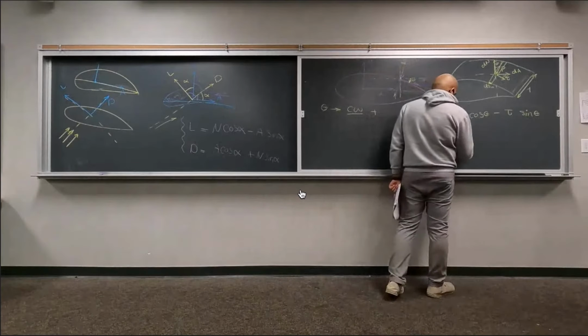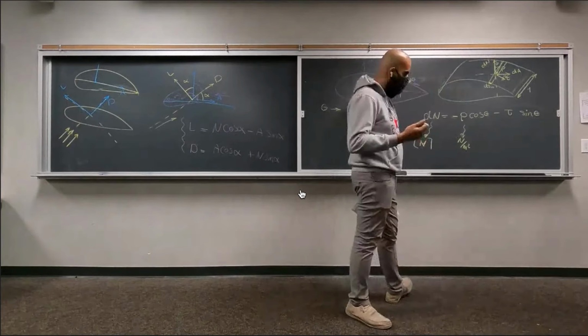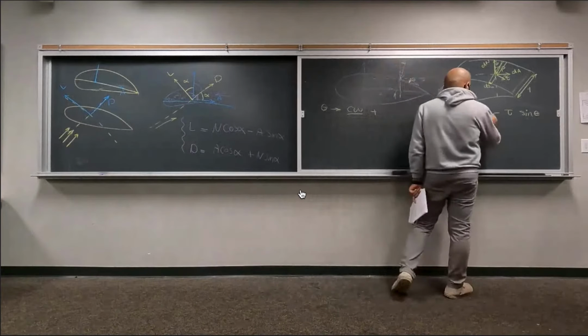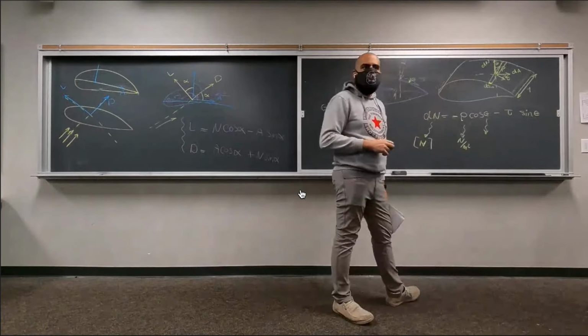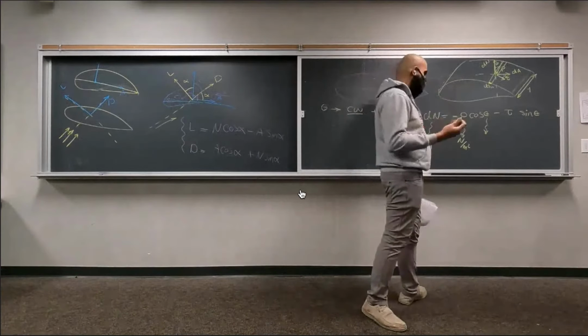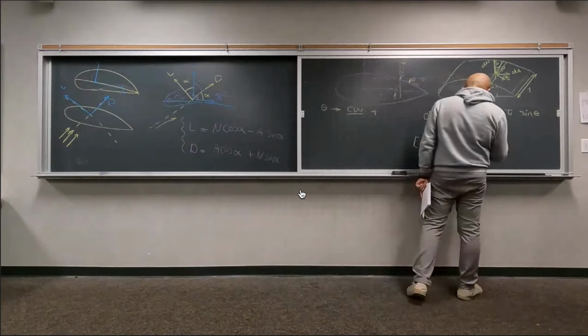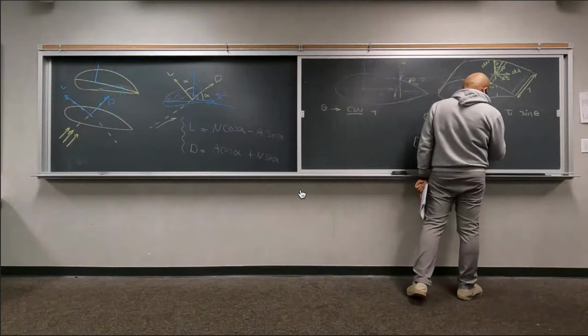Pascal, that's correct. But that essentially is newtons per meter squared, right? What about theta? Dimensionless. There is no dimension for angle, right? Radians are not dimensions, are not units, right? So dimensionless.